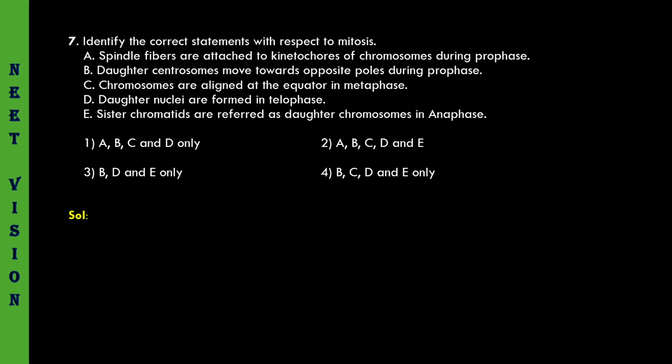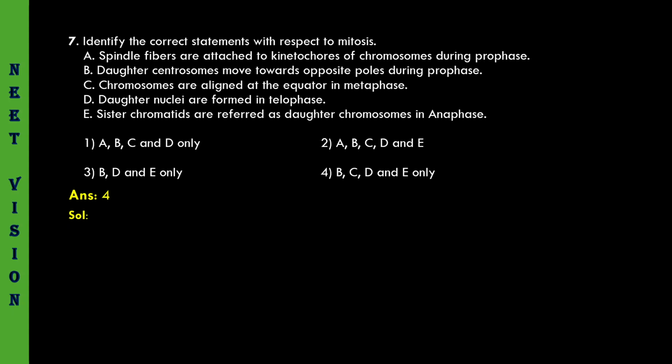Chromosomes are aligned at the equator in metaphase. This is also true. Daughter nuclei are formed in telophase. Absolutely true. Sister chromatids are referred to as daughter chromosomes in anaphase. Yes, they are referred to as daughter chromosomes in anaphase upon separation from each other due to splitting of centromere. So B, C, D, E are correct. The fourth option must be the correct one.